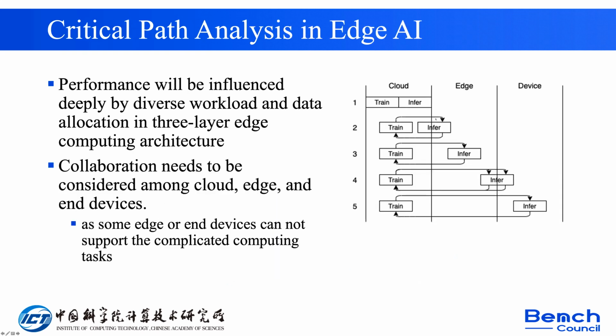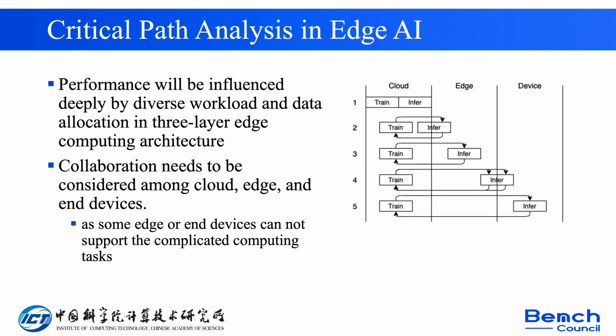This figure shows the critical path of an AI task in the Edge AI architecture. We can find that training, processing, and inference all need to be considered in Edge AI benchmarking.